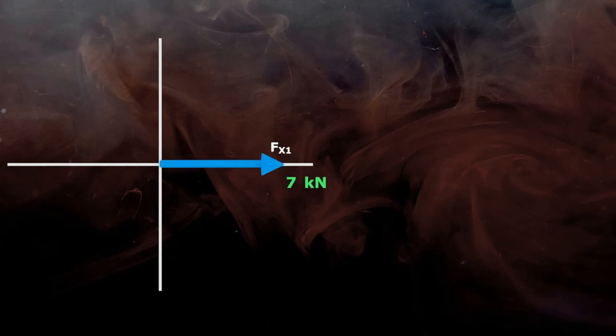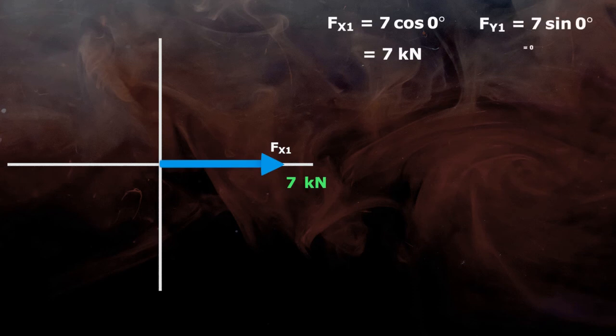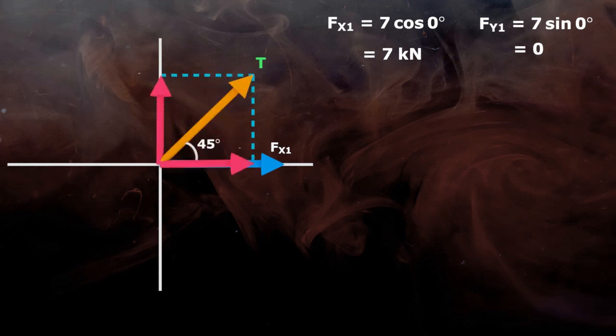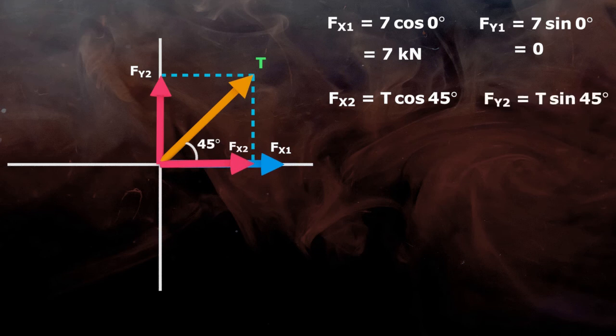So x component Fx1 will be 7 kN and y component Fy1 will be 0. Second force is T and it makes 45-degree angle with x-axis. So x component Fx2 is T cos 45 and y component Fy2 is T sin 45.